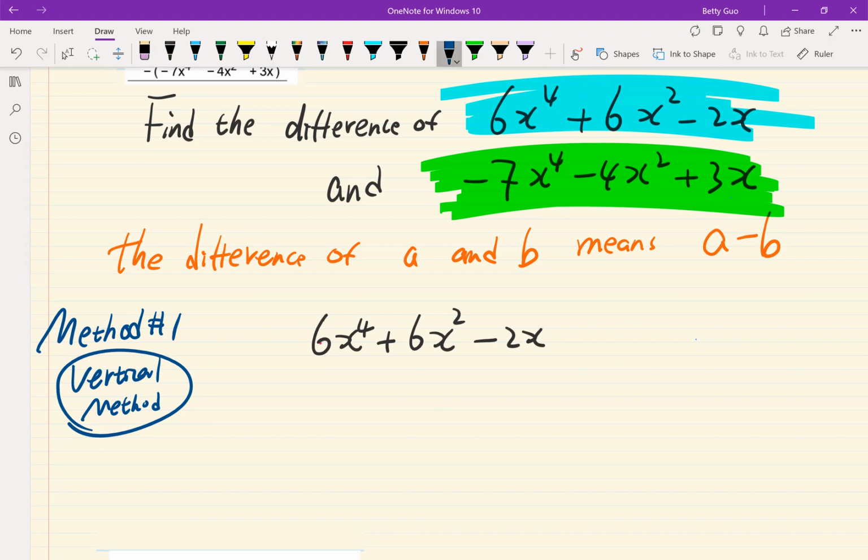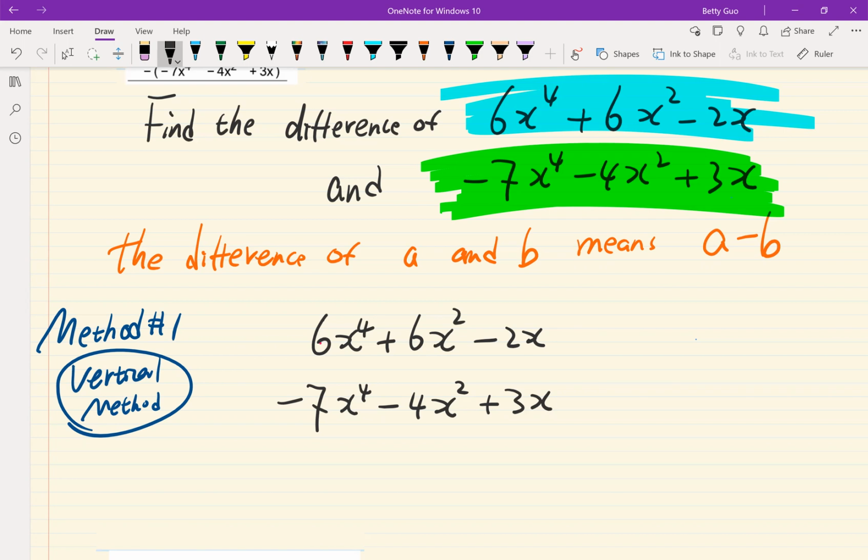Similar to addition, you also have to make sure all the like terms are aligned. Look here: fourth degree, degree 2, degree 2, degree 1, degree 1, right? So we don't have that problem. The two polynomials are aligned. We are using blue minus green, so blue is above, green is below.